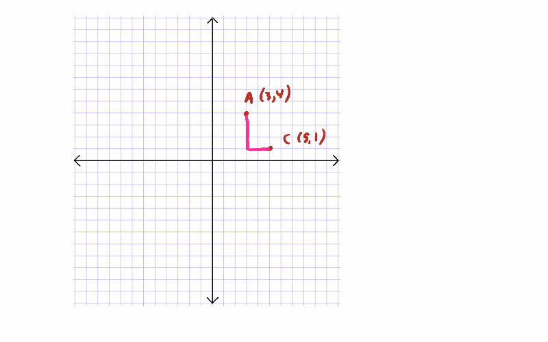How far did it drop? It went from 4 down to 1, so it dropped a delta y of negative 3. And it went over in the x direction by a delta x of positive 2. So the line segment that represents the distance between the points is the hypotenuse of a triangle that has one side of length 3 and another side of length 2.